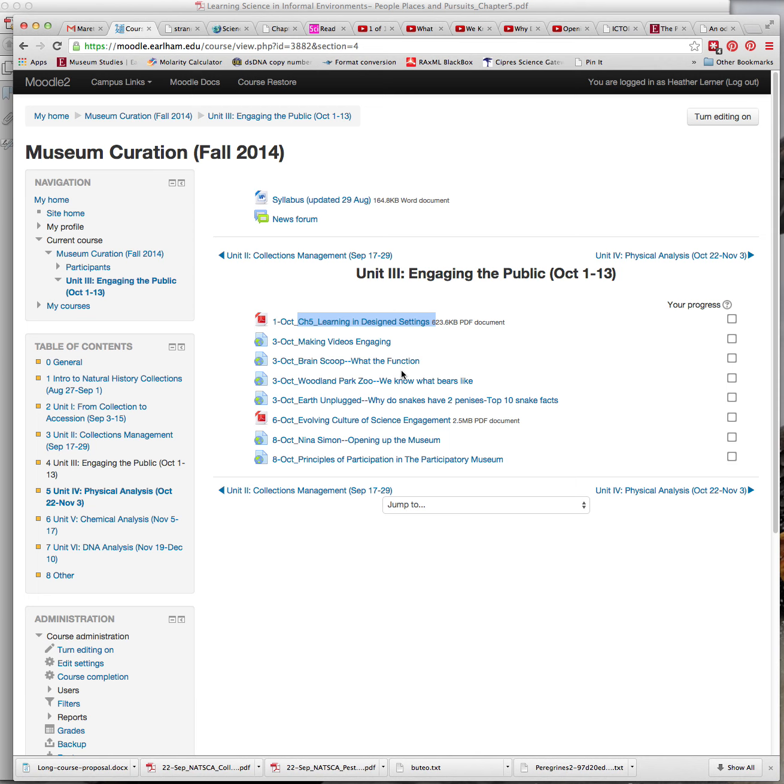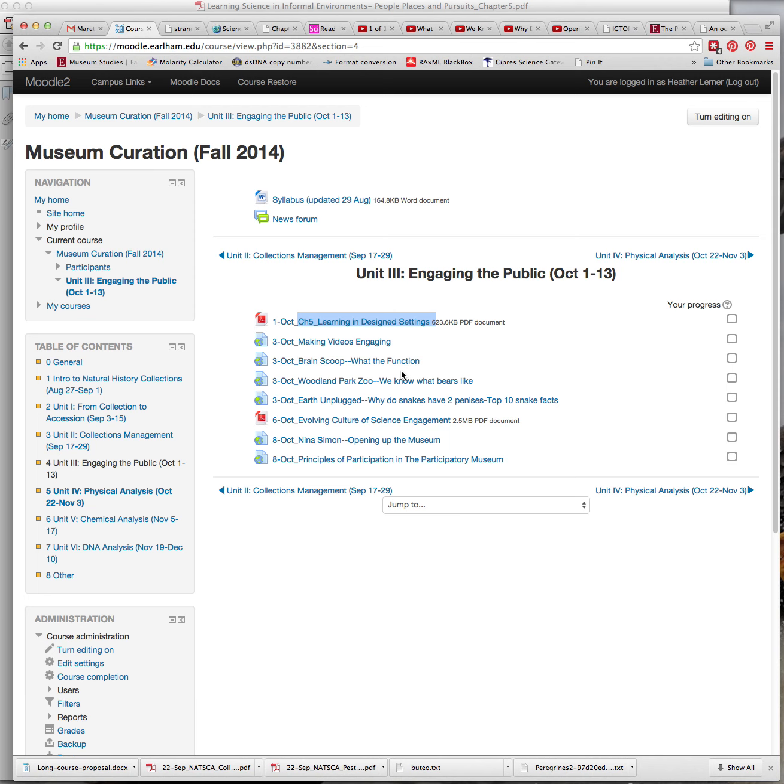Learning there is different in important ways from schools, which are called formal learning settings. Other informal settings include TV and books for the public, things found on the internet, but those examples of informal learning settings are not designed settings. So designed settings are a subclass of informal learning settings.